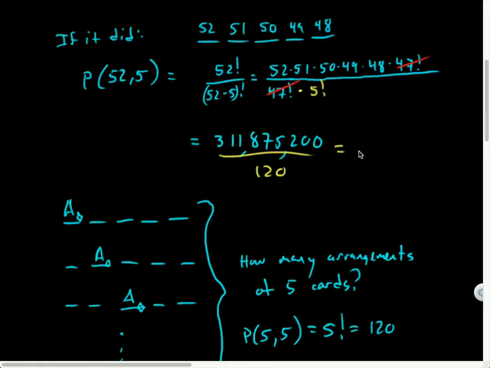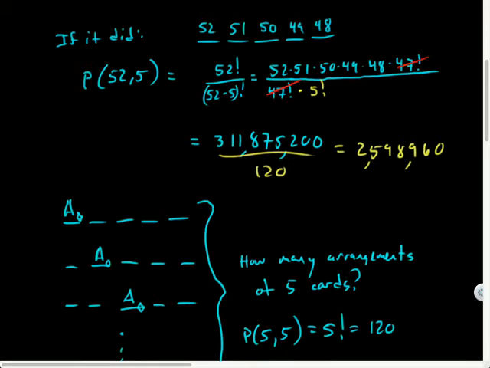And whichever of those I end up doing, I would end up with 2,598,960. So 2.5 million, way different than 300 million. In fact, it's different by a factor of 120. So that's what we'd have to consider. We want to eliminate those extra possibilities.